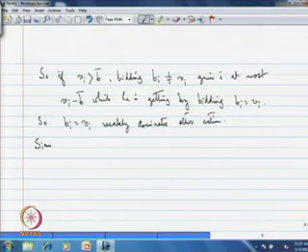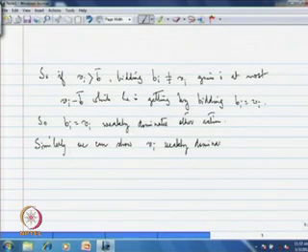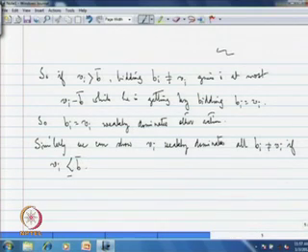Similarly, we can show Vi weakly dominates when Vi is less than B bar or equal to B bar.